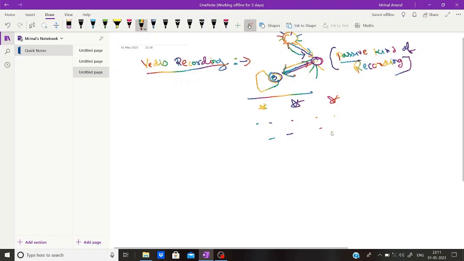Under that condition, if this camera has a flashlight, and the same person is here, the flashlight will fall upon that object, and after the reflection it will reach the lens of the camera, which can be either a concave lens or a convex lens, depending upon the features of that camera.